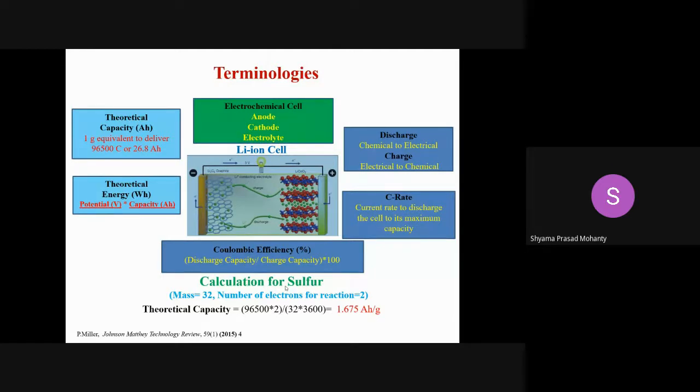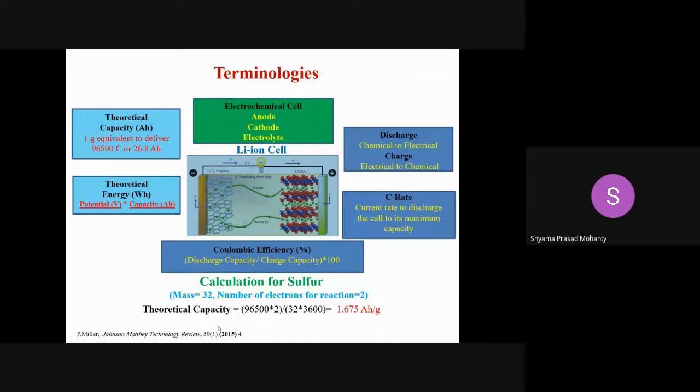So the discharge capacity with respect to the charge capacity will give you the efficiency of the cell. One example has been provided here for sulfur to calculate the theoretical capacity, and we will discuss the lithium sulfur cell in the next slide.